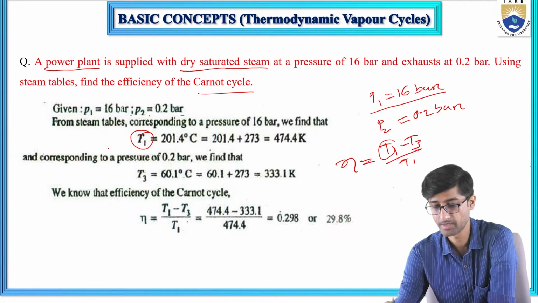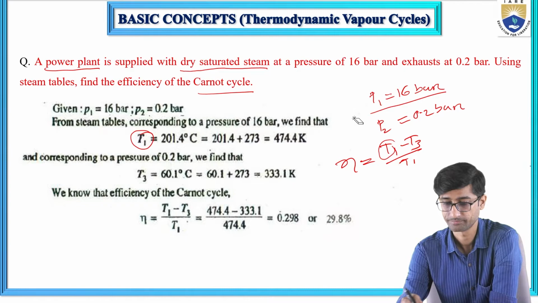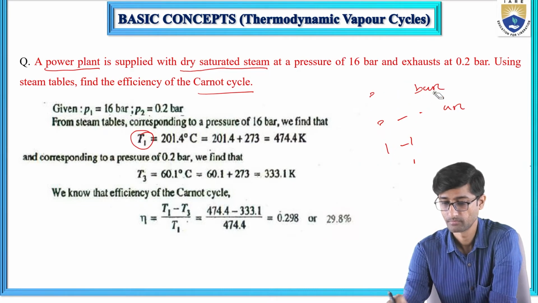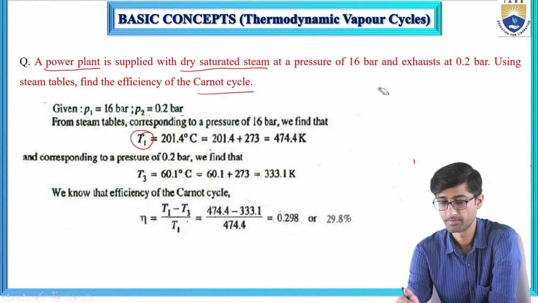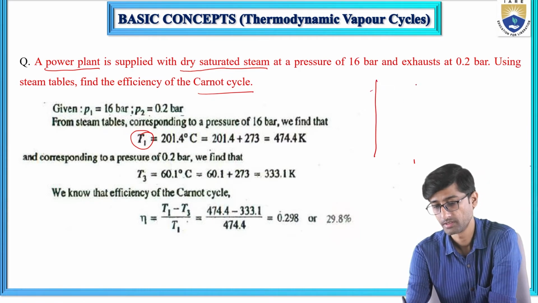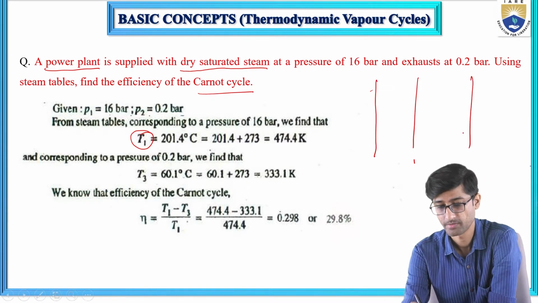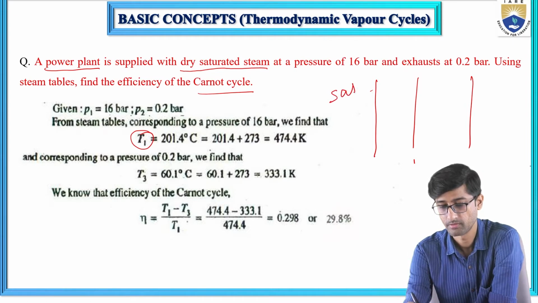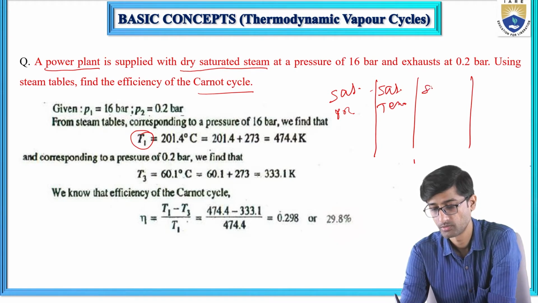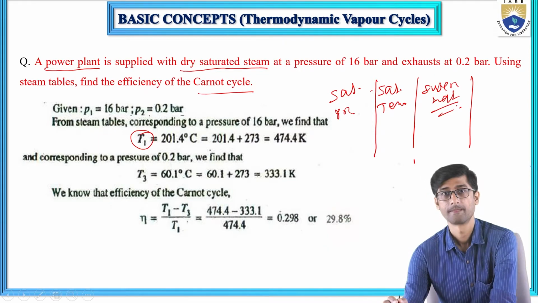If you see, in the steam table there are three tables. First one is the saturation pressure table. Second is the saturation temperature table, and third one is the superheater table. This is the steam table.